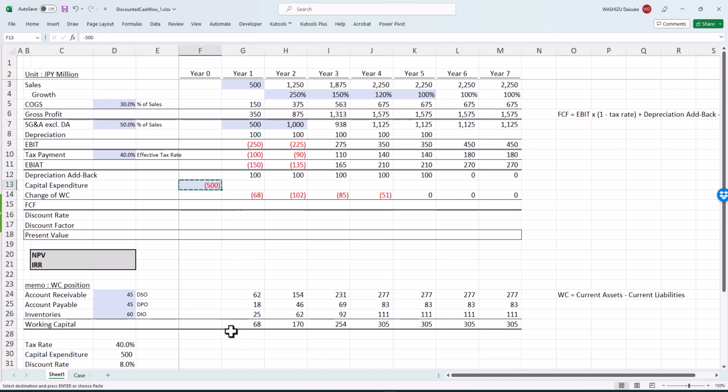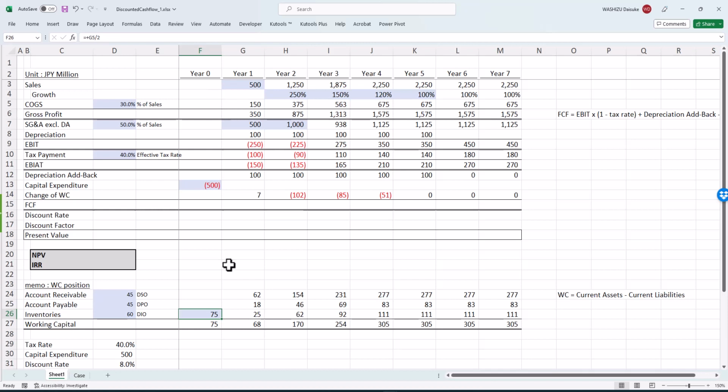So I have an assumption of an inventory build up for the pipeline. Let's say half of year 1's COGS should be built up prior to the product launch. So let's say in year 0, we need to have 75 million of inventory value. So I want to put these assumptions.